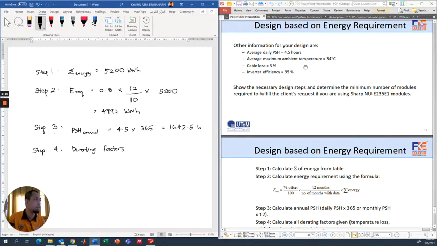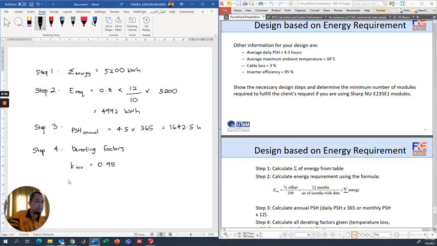So we need to calculate the derating factor due to temperature, the derating factor due to cable loss, and the derating factor due to inverter efficiency. All the derating factors we label with the symbol K. So for inverter, K inverter, since the efficiency is 95%, the derating factor is equal to 0.95, which is 95 divided by 100. Straightforward.